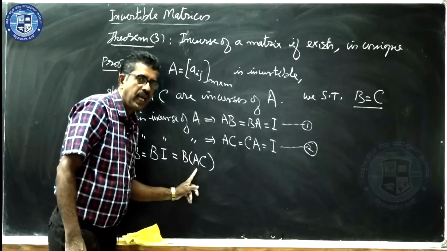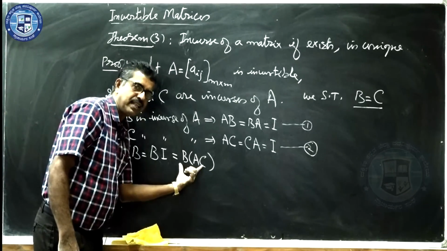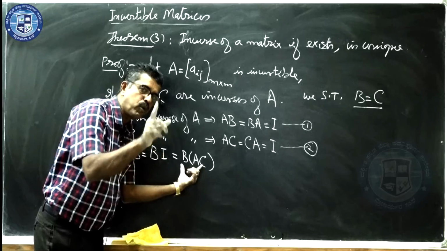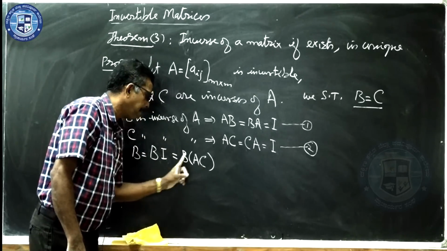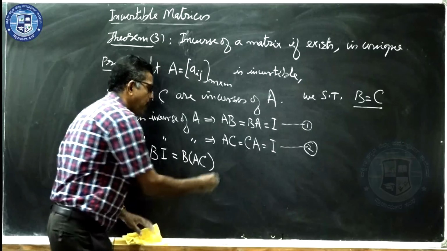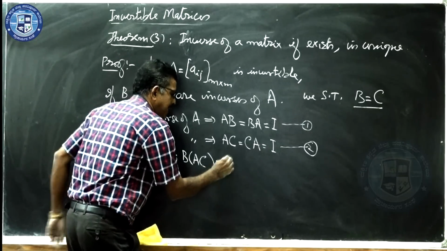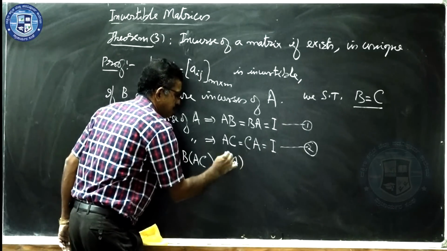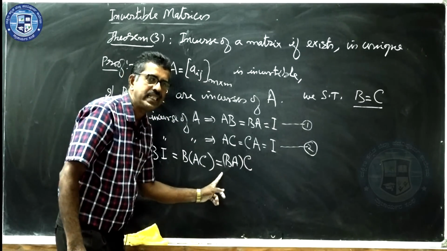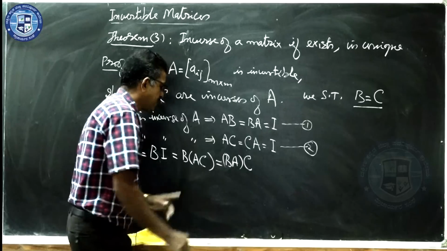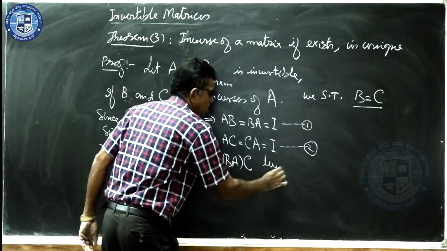Are you clear? Now do you feel that this expression is supporting associativity of matrix multiplication? B into AC will be the same as BA into C. Can you please tell me what is the reason for this? The reason for this is the associative law.